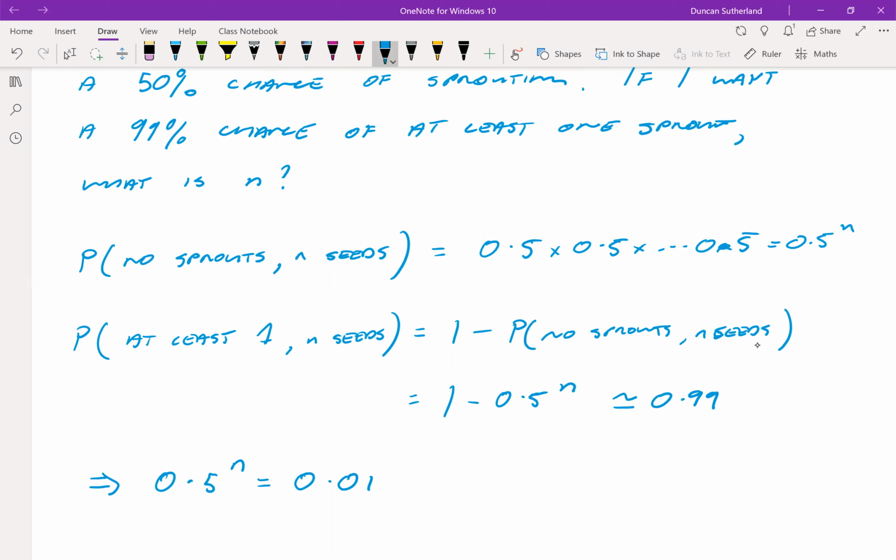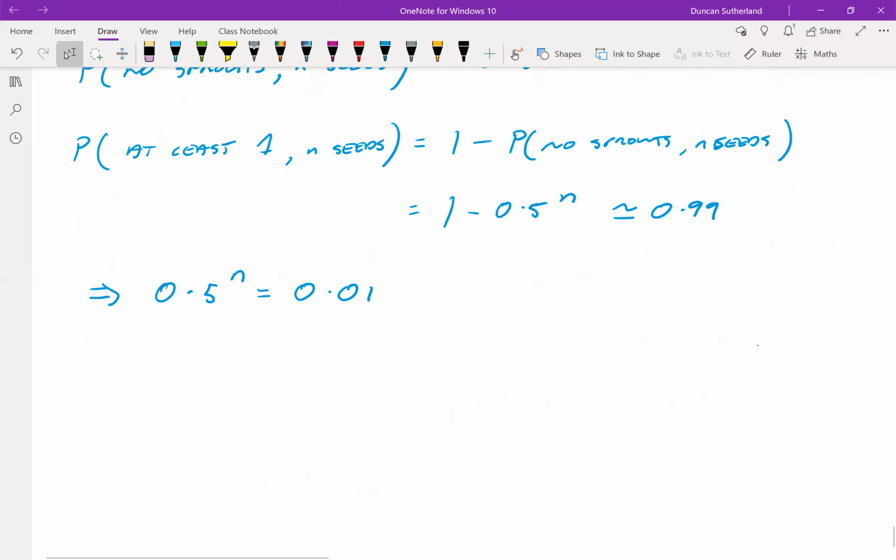This is going to find n, and the n is going to be a real number here, right? And then we're going to have to round either up or down to make sure that we satisfy the 99% chance. I guess this should say at least 99% chance. So we use our log laws to rearrange this.